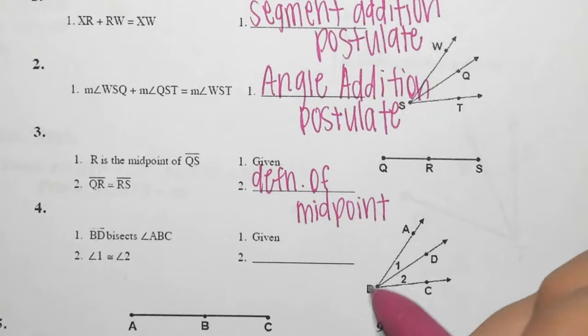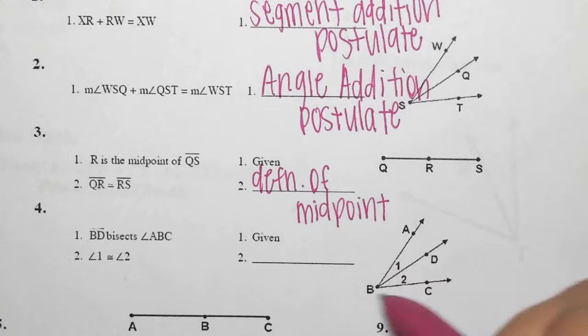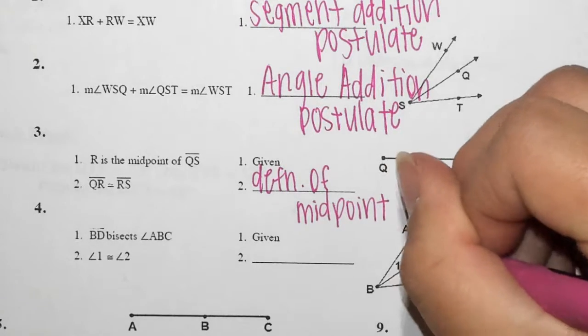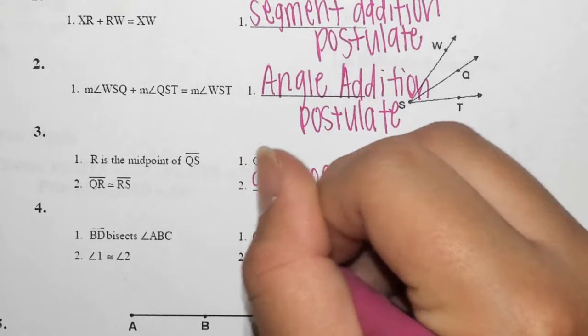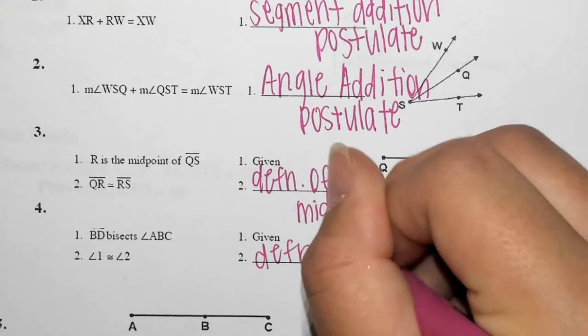Four, BD bisects ABC. If it bisects, it cuts it in half, which means angle 1 is congruent to angle 2. This is called the definition of bisector.